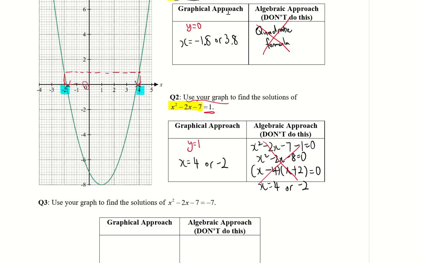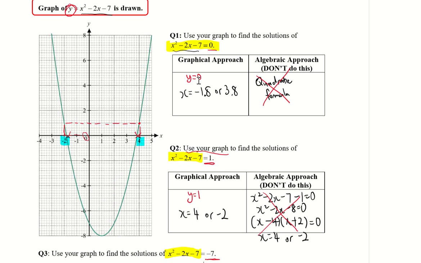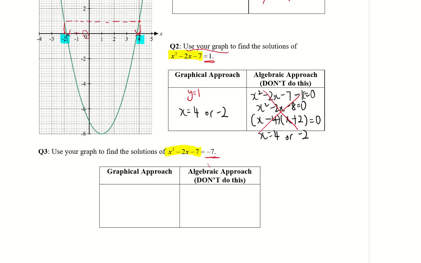So I've done one where the y coordinate is 0, and one where the y coordinate is 1. Now finally, the last one. I'm looking at the graph again. My left side is a curve, and my y coordinate is -7. So I look for y equals -7 on my vertical y-axis.